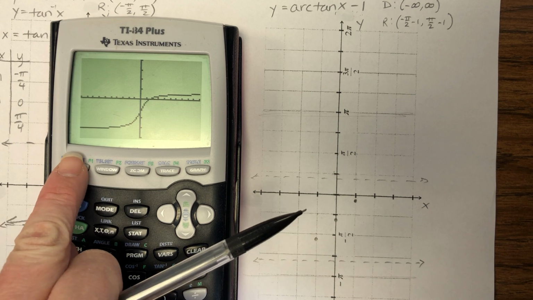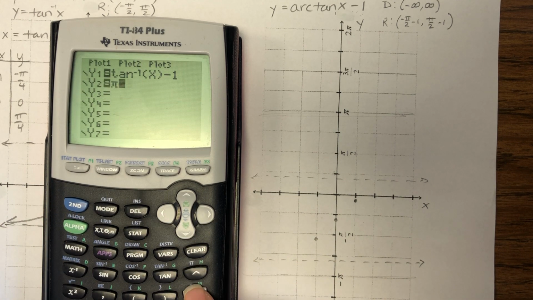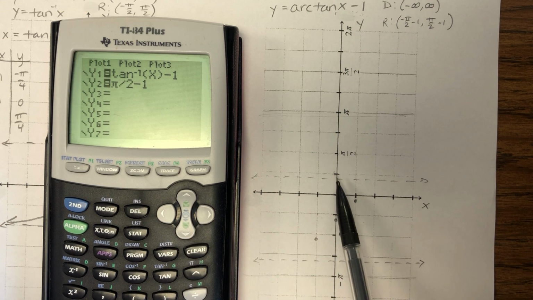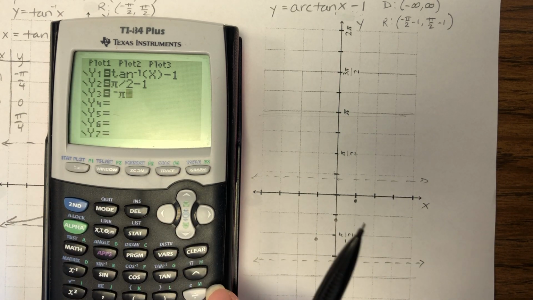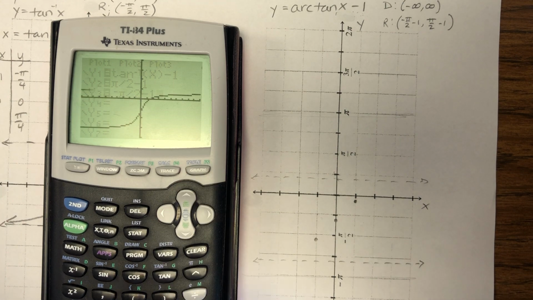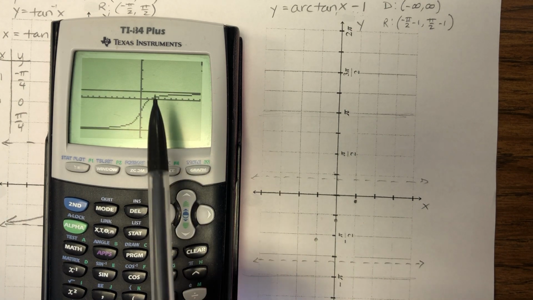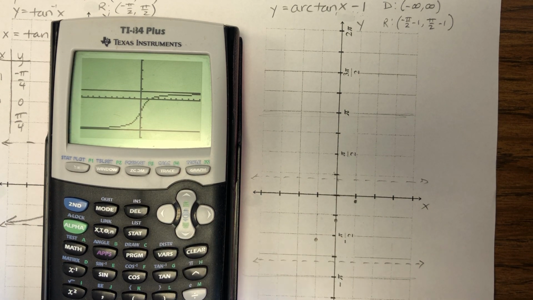If you wanted to, I could graph the line pi halves minus 1. That's going to be my asymptote here. And I can do a negative pi halves minus 1. And you can see, notice that's just below this line here. That's just below this line here.